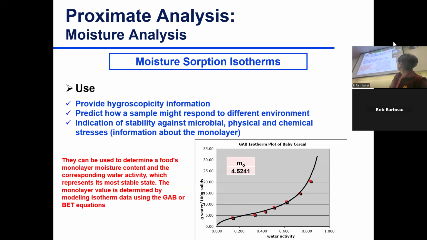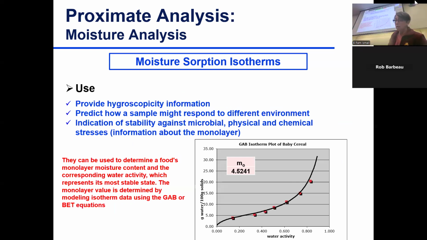At 7 different relative humidities, we let them equilibrate for 3 weeks. During that time, the moisture of the sample and the water activity of the sample reach equilibrium. And we measure moisture content and water activity at each of the 7 relative humidities we stored the samples at. And we plot the isotherm.